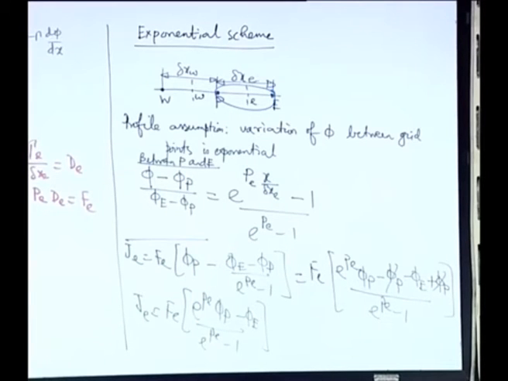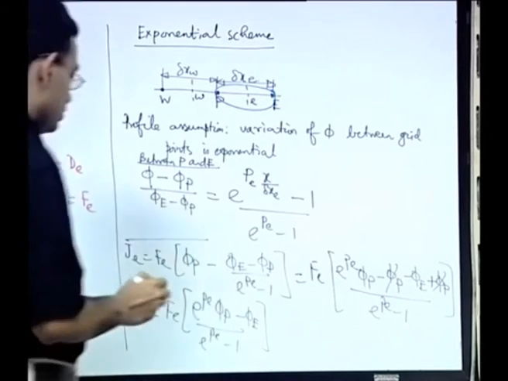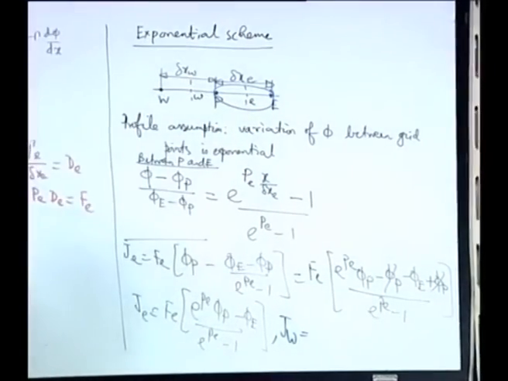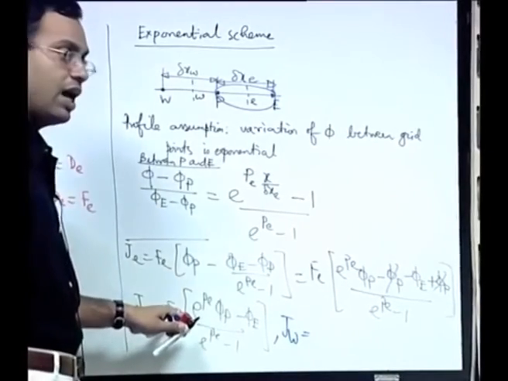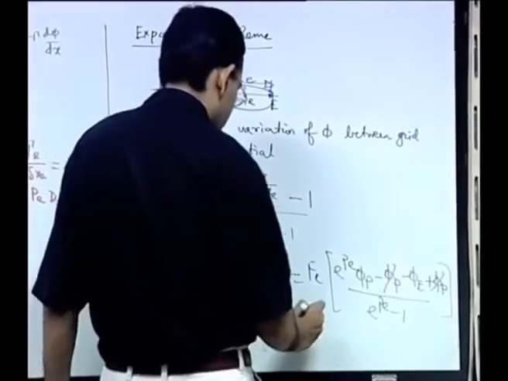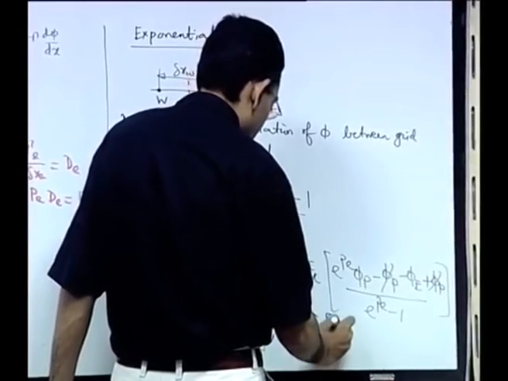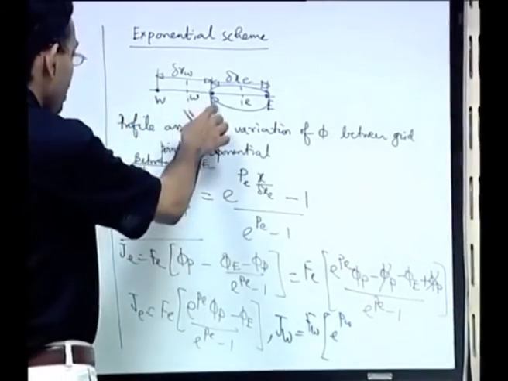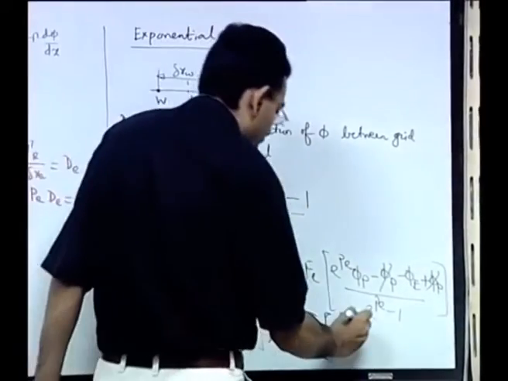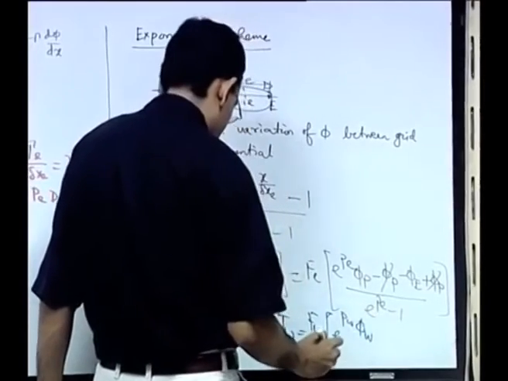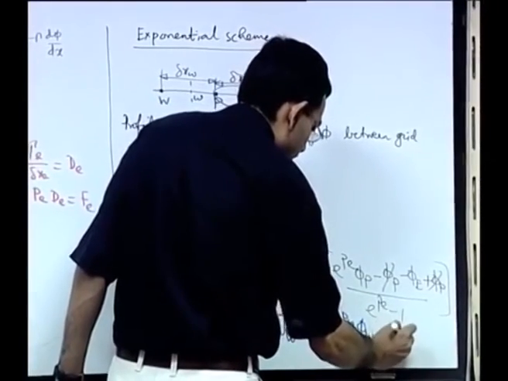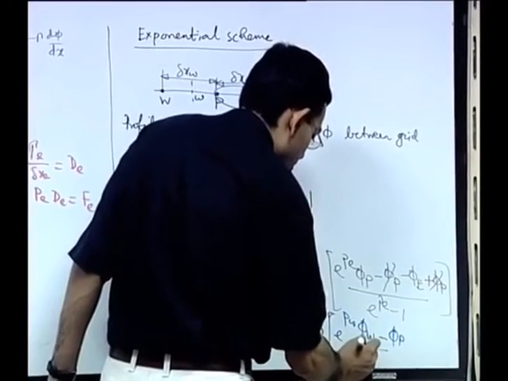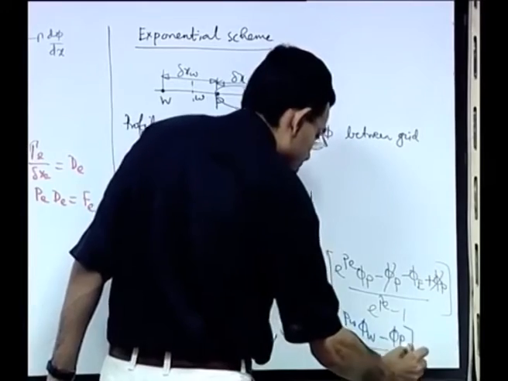If this is J E, what is J W? In place of F E we will have F W, e to the power p w, in place of p it will be w, e to the power p w into phi w minus phi p by e to the power p w minus 1.